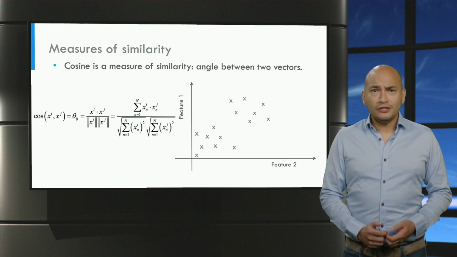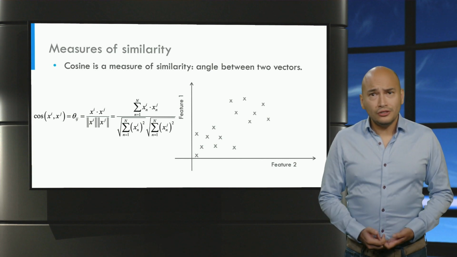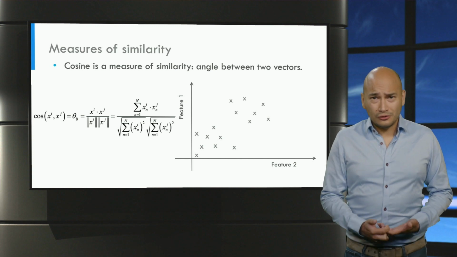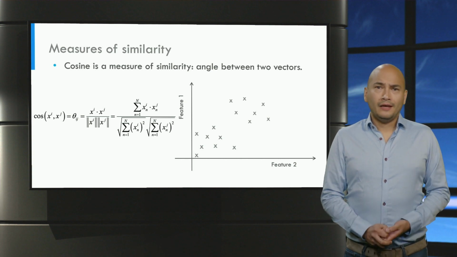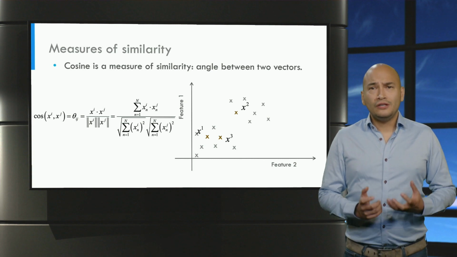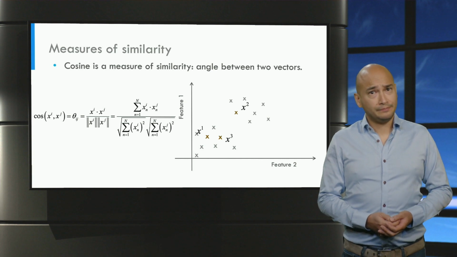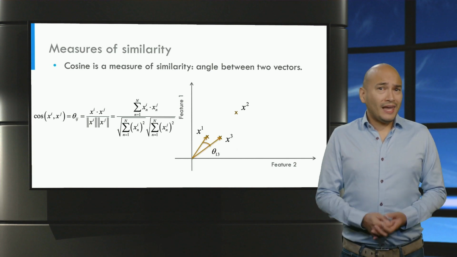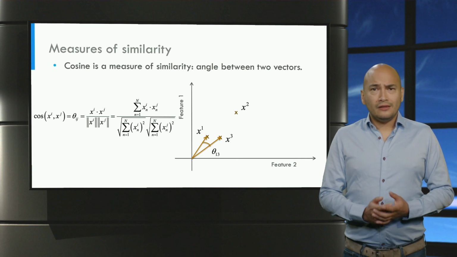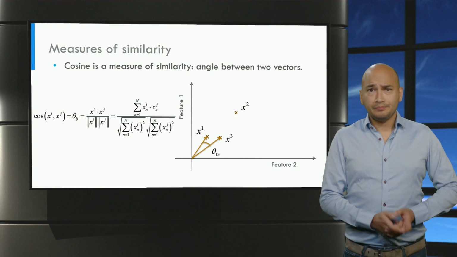This measure considers the angle between two vectors, and you might be familiar with this definition from courses of linear algebra. For explanation purposes, let's plot three different points, x1, x2, and x3. Here, you see theta 1,3 is the angle between the vectors from the origin to x1 and x3.